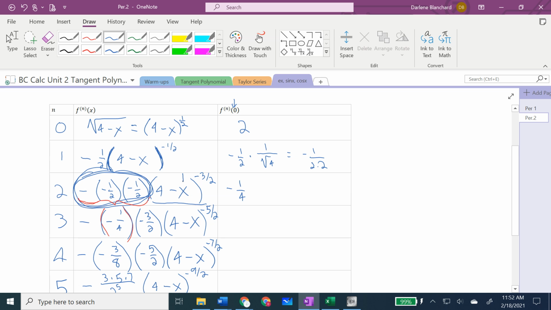When I plug 0 in right here, that piece is 1 over the square root of 4 cubed in the denominator. And so that's, there we go.